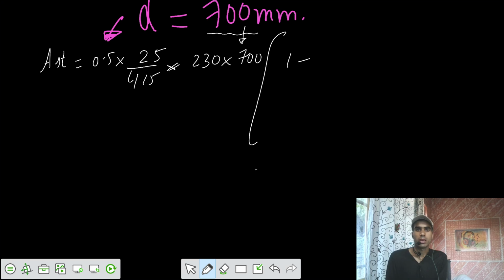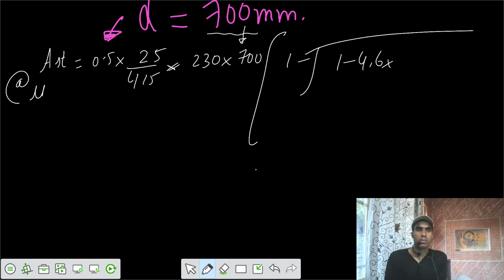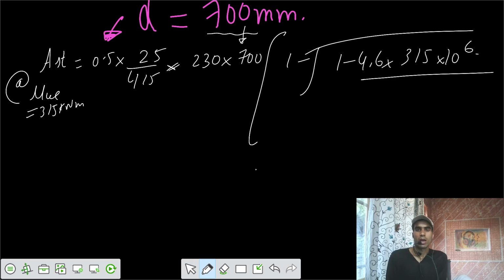And we have 1 minus root of 1 minus 4.6, and the external bending moment was equal to 315 kilonewton meters. 315 into 10 to the power 6 divided by FCK BD square.